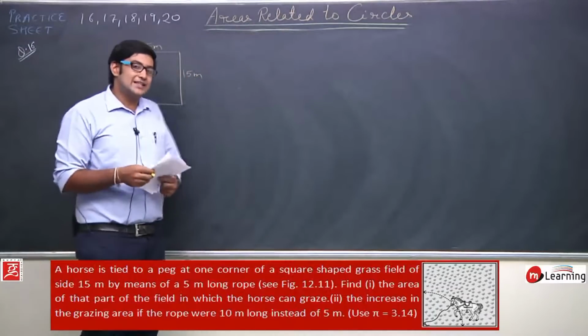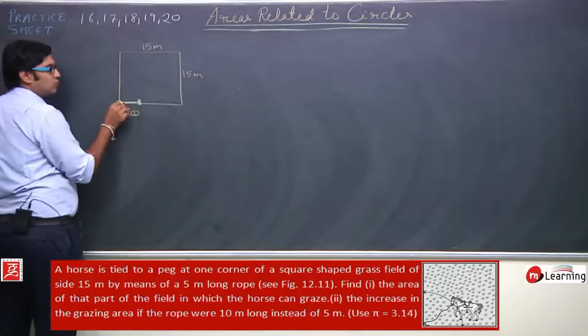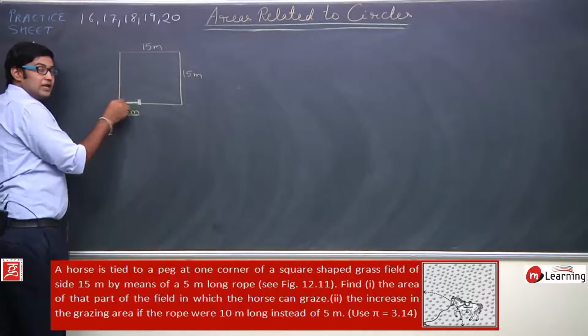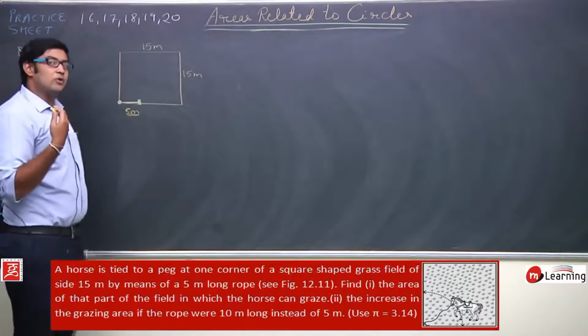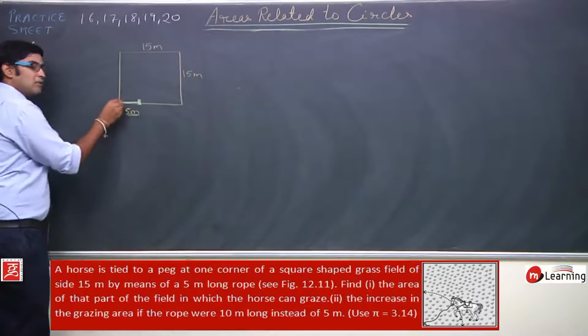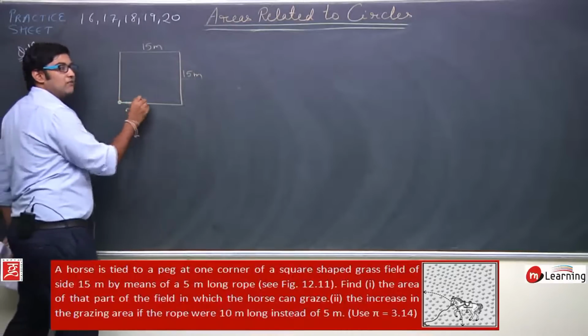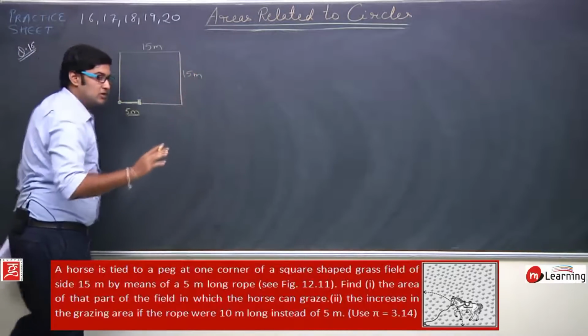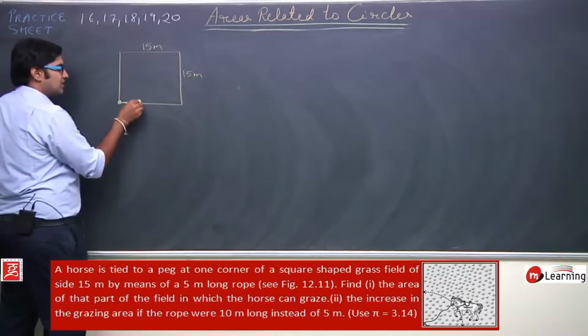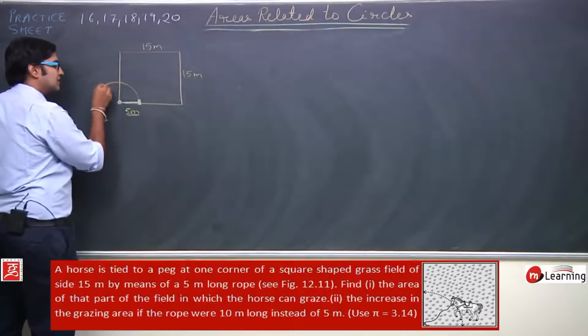Can it move towards the pole? Yes, it can even come to the pole, but it cannot go more than 5 meter away from the pole. So the horse can travel in this area.